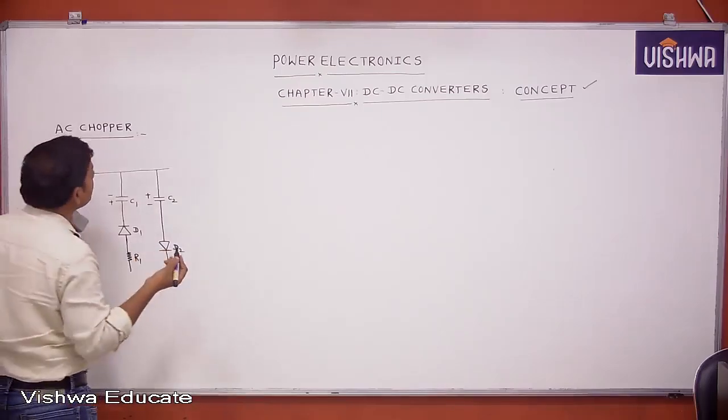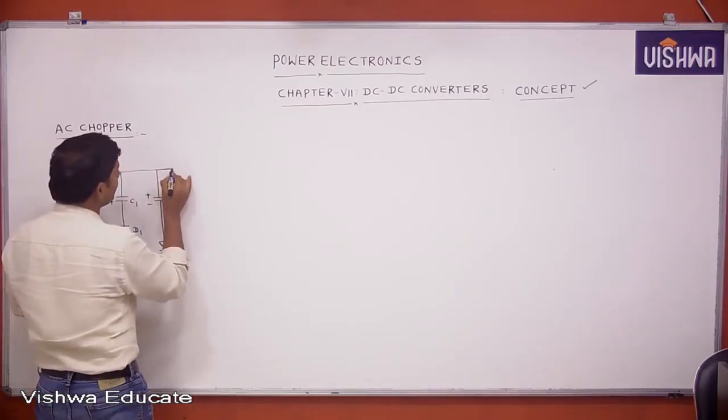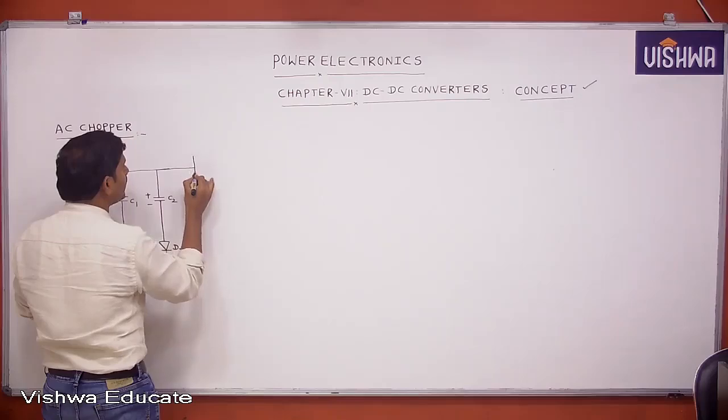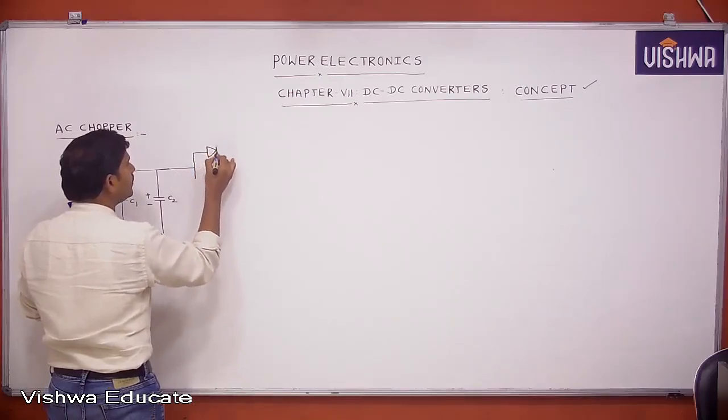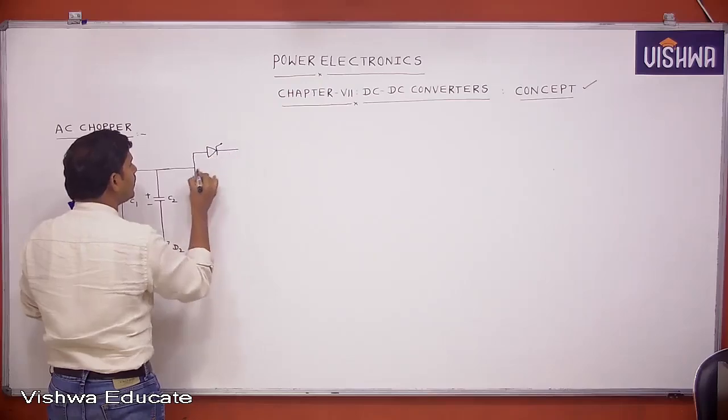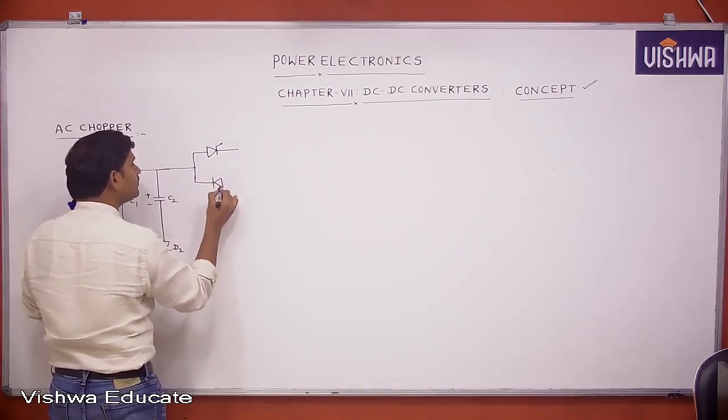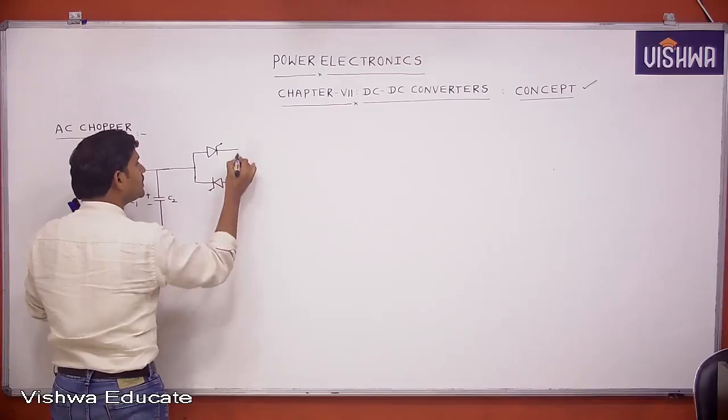Then two thyristors, this is T1 and T2. How we can change the magnitude of AC voltage is explained by using this circuit.